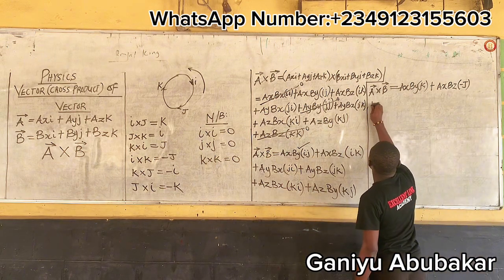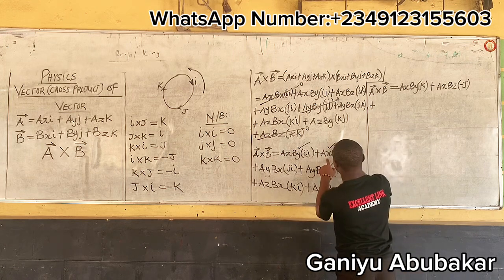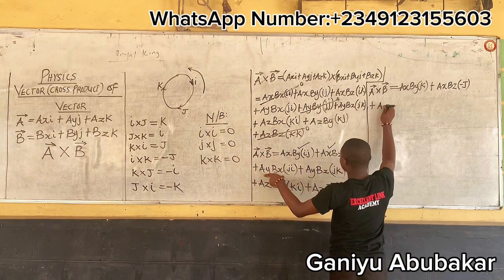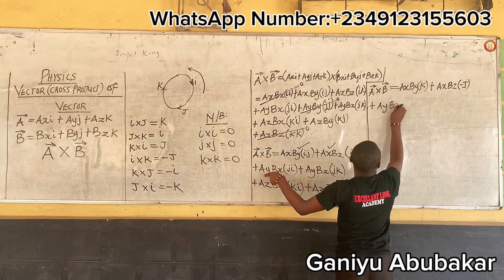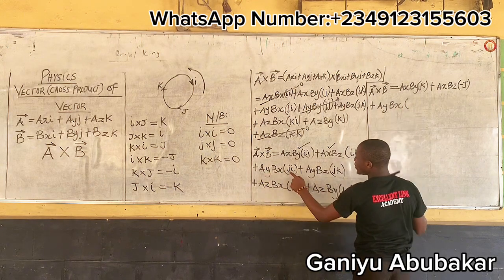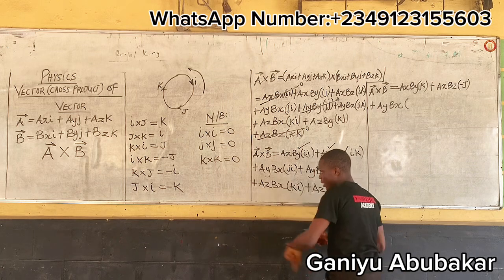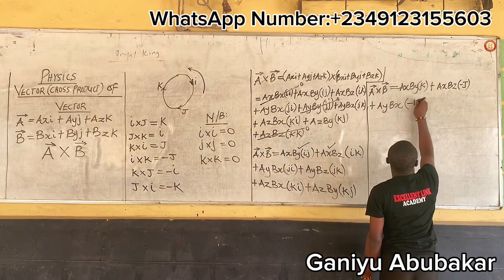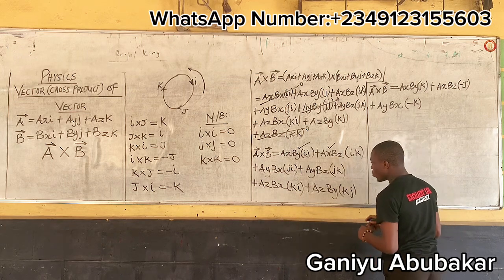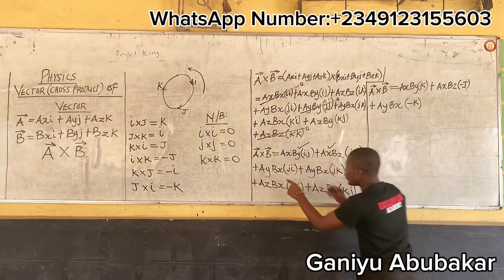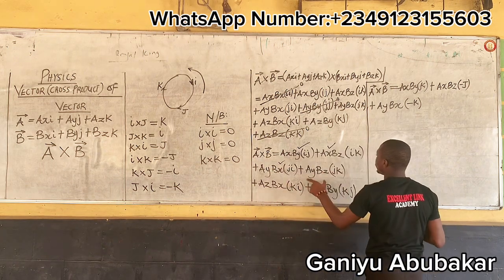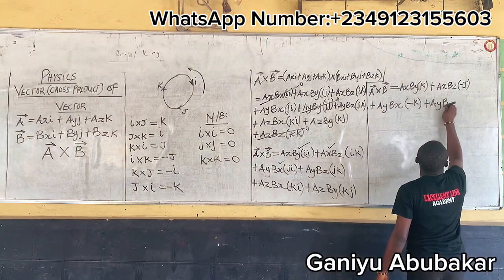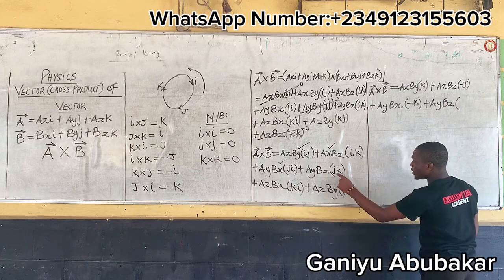Minus j. Alright, plus, I'll pick this and this. What next? This one will be A_y B_x into j i. That's a negative k, minus k. Alright, what next? Plus A_y B_z into j k.